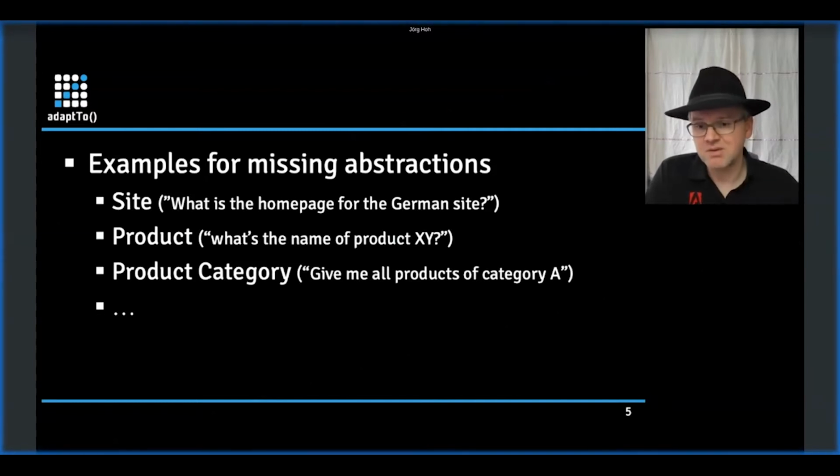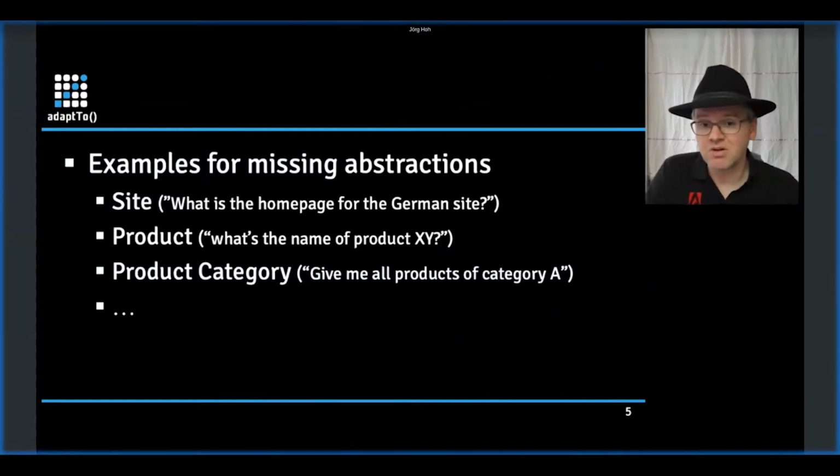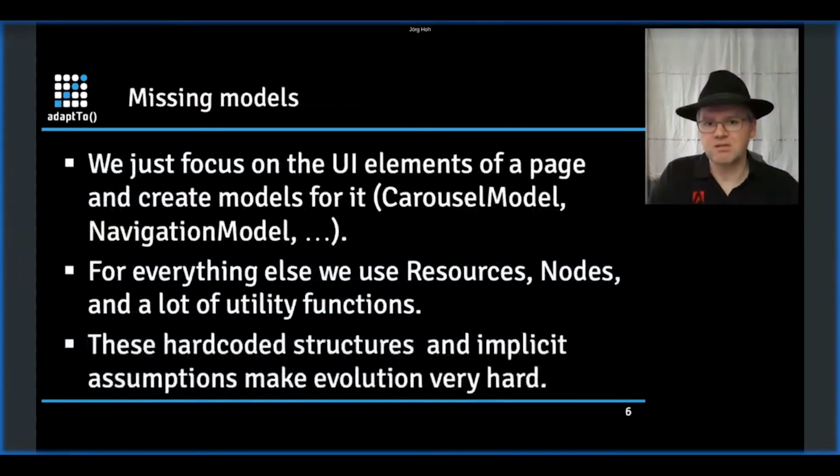I find maybe a product template, but that's it. I don't find a product class where I can say, okay, what's the name of the product? I don't find a product category abstraction or, say, an API where I can say, give me all products of that category. It's just not there. Not in the product, not in the project. And from my point of view, this is a pretty bad situation.